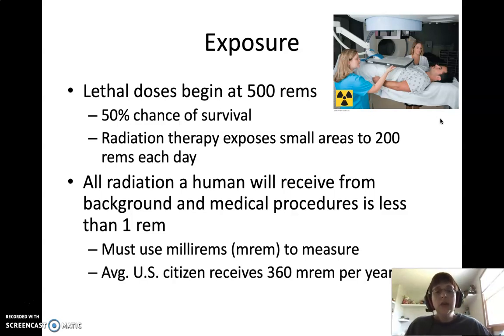So you each are going to receive about 360 millirems of radiation exposure per year from all sources. So from background, medical procedures, consumer appliances, all of that. So that gives you a little bit of an idea of your exposure compared to the risk. It's very minimal in comparison to an actual lethal dose.